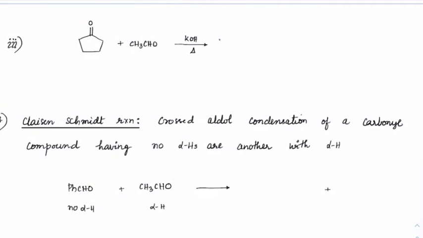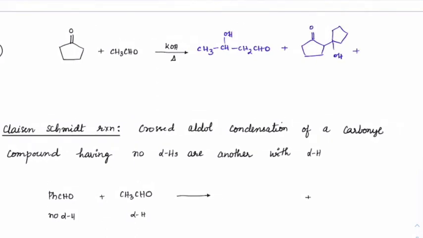So one, we will have a self aldol of the aldehyde here, so CH2, CHO, this is for aldehyde, and self aldol of keto form here, double bond O, and this getting attached here with OH, and one is a crossed one.